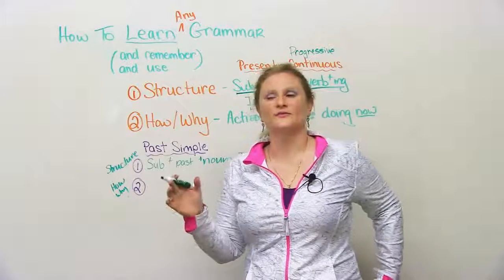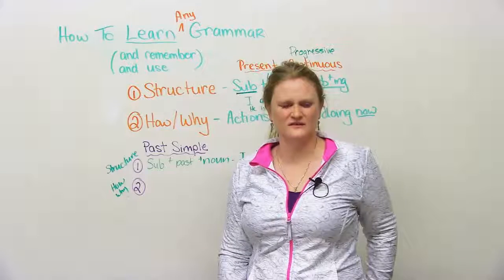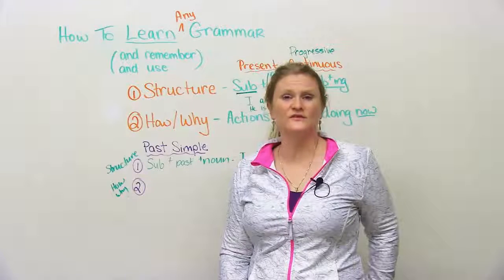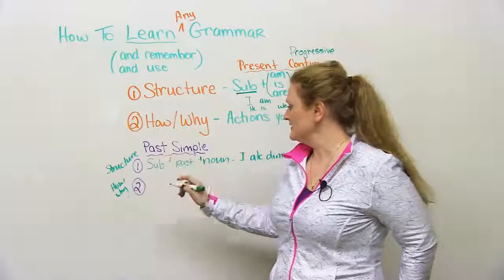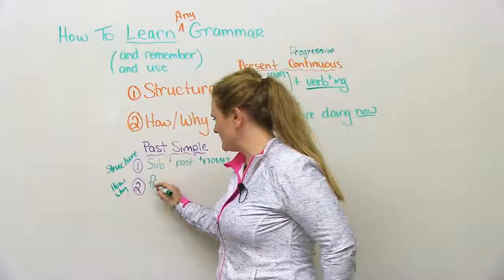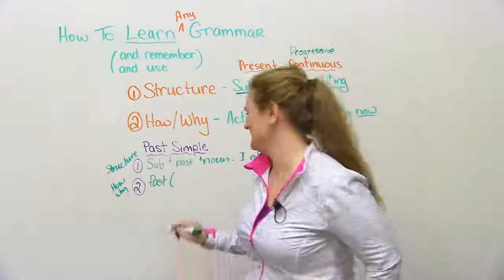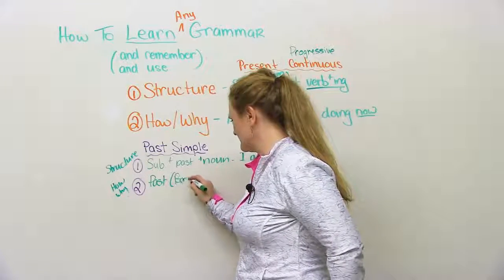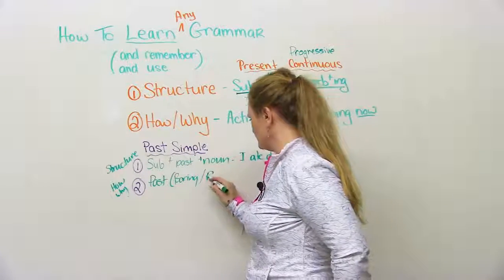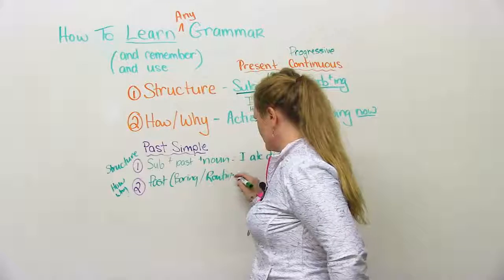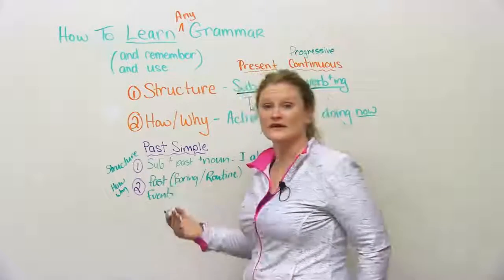Yay! Okay. So what? Hold on. So I've remembered the structure, but I need to know, why would I use this? Why is this useful in my life? How or why? How do we use this? We use this to talk about past events.